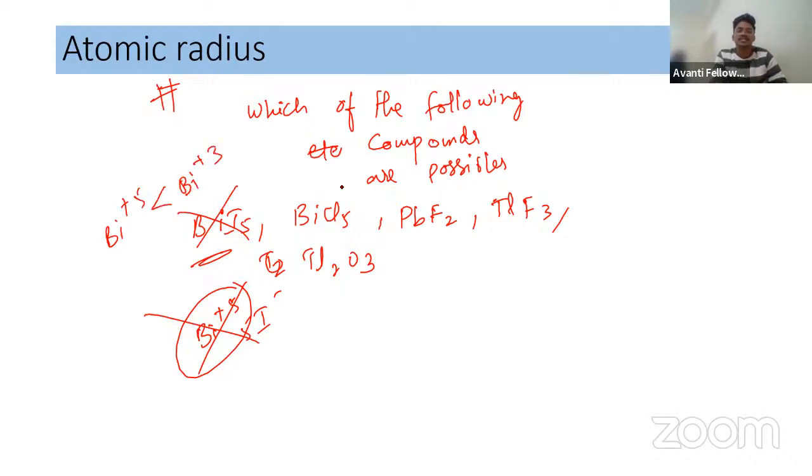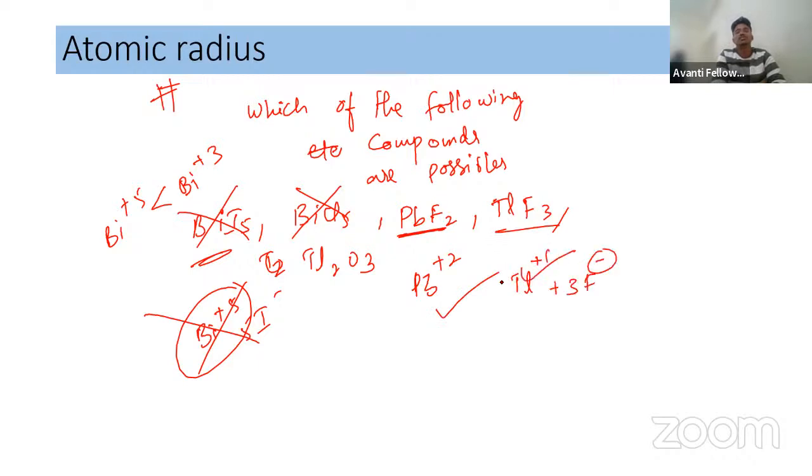BiCl5 also does not exist, but lead Pb exists in +2, so it is possible. Thallium exists as +1 and +3 with F minus, so this is also stable.